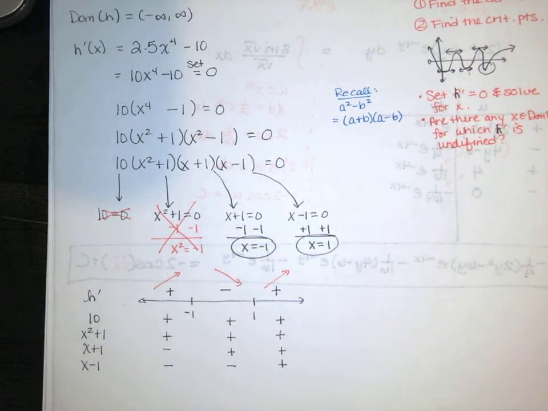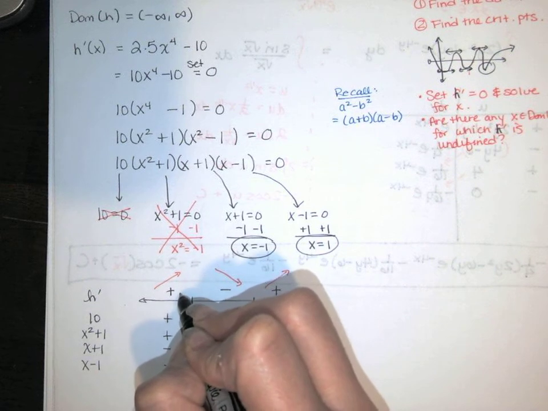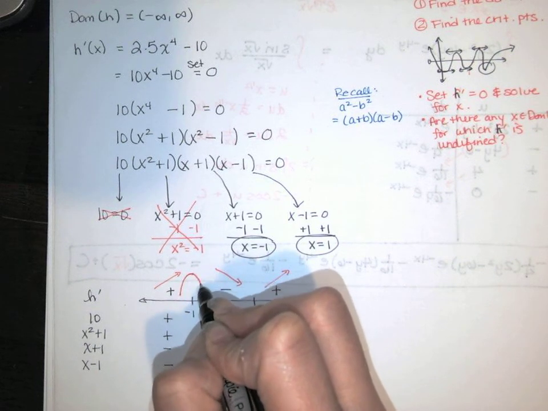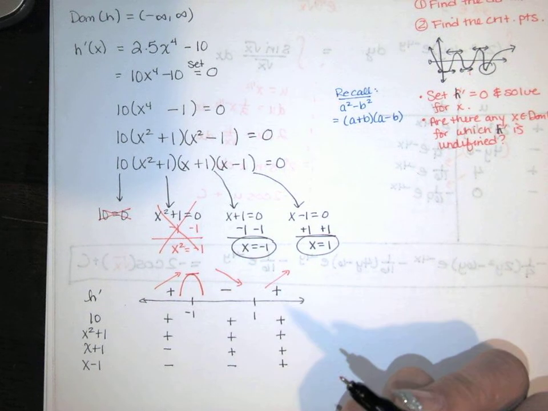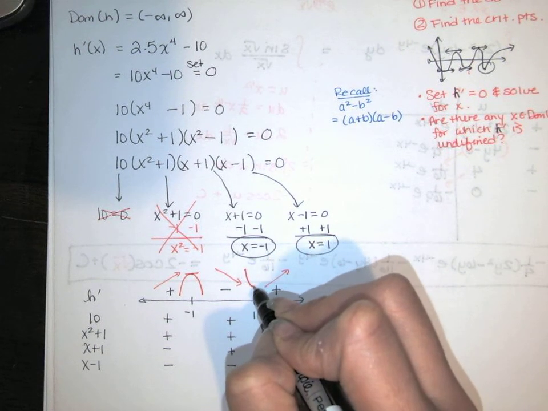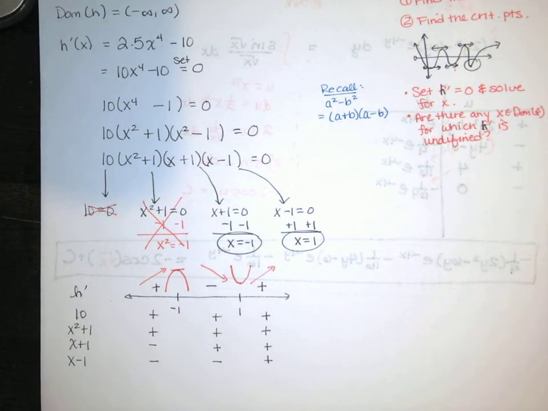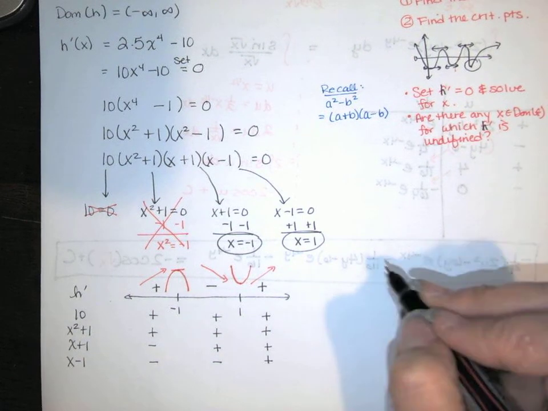So using the first derivative test, I can see that my slope goes from positive to 0 to negative. So I'm going to have a relative max at negative 1, and it goes from negative to 0 to positive, so I'll have a relative min at positive 1. So we weren't asked to do this, but we did anyway.